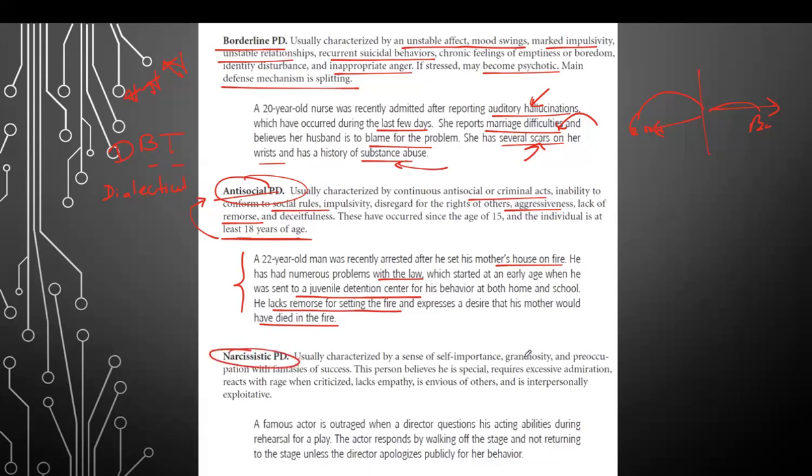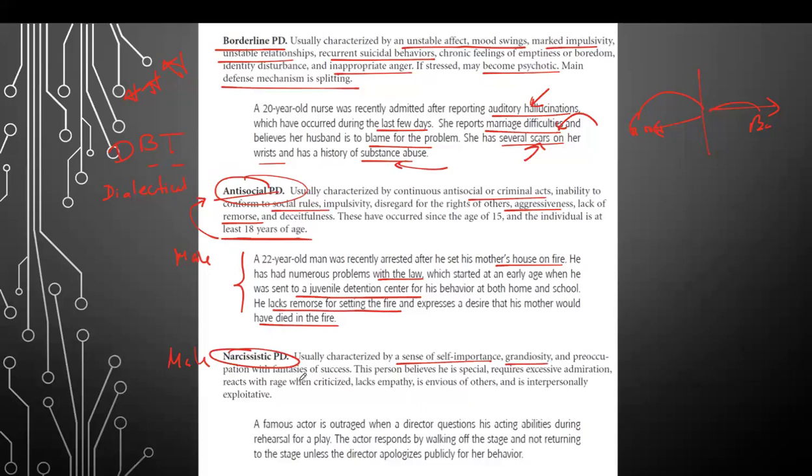Next is narcissistic personality disorder. Narcissism is common in males, and antisocial is also common in males. Narcissistic personalities are egotistic. They always have a sense of self-importance. They feel that they are the only person who is the boss of everything.